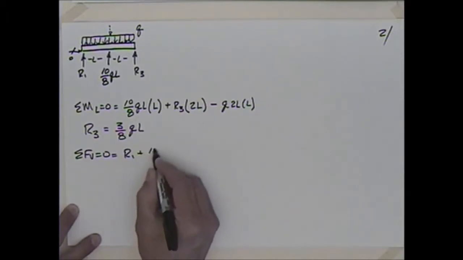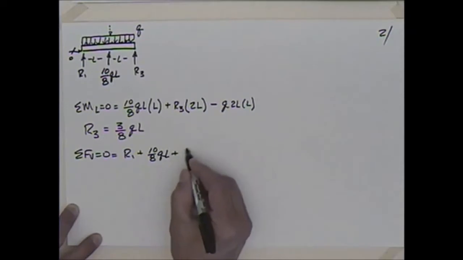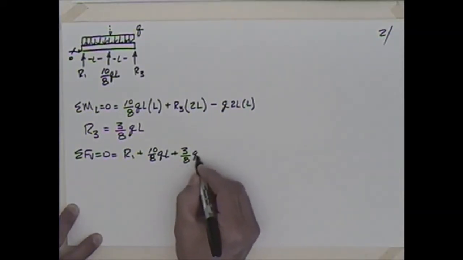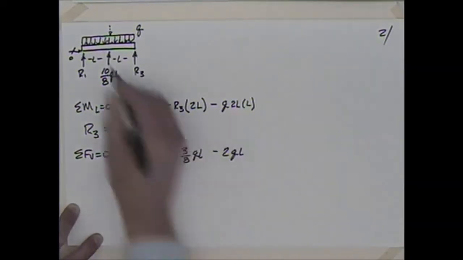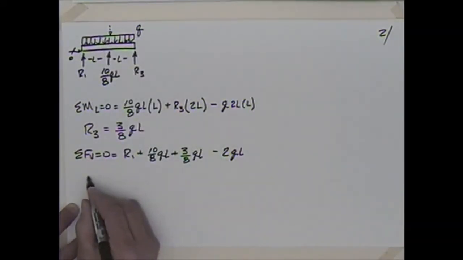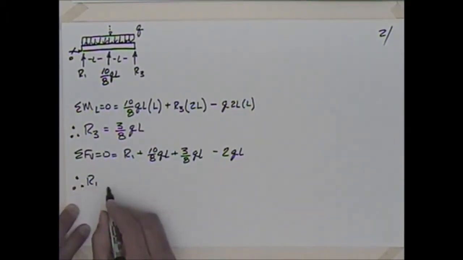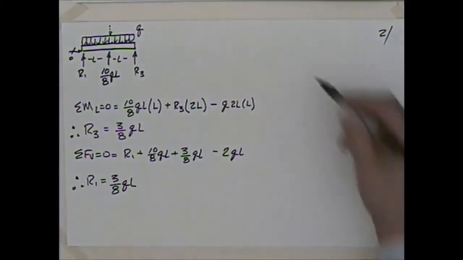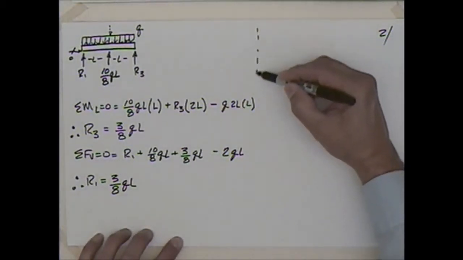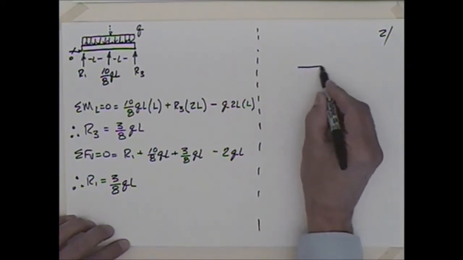So then if you sum the forces in the vertical direction, setting that equal to 0, you have R1 plus 10/8 QL plus 3/8 QL minus 2QL, which is the total load down. So then R1 would likewise become 3/8 QL. Okay, so maybe we will put our findings over here and talk about if this beam is continuous.